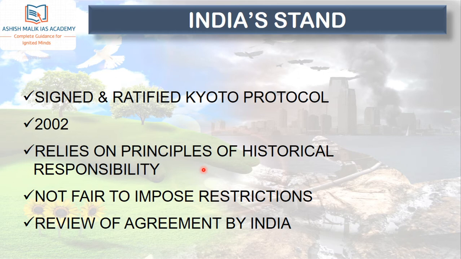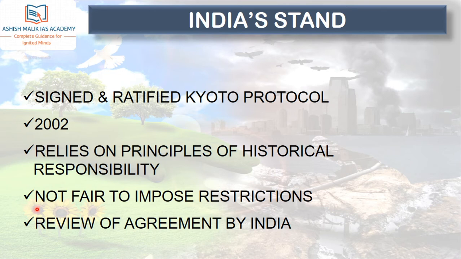India also emphasizes that economic and social development are the overriding priorities of developing countries, because developing countries do not have much greenhouse gas emissions, so their major priority is their economic and social development.